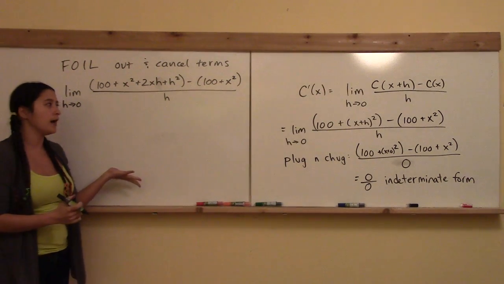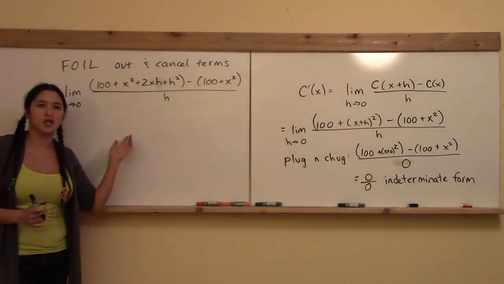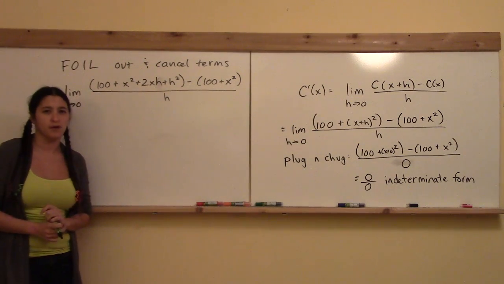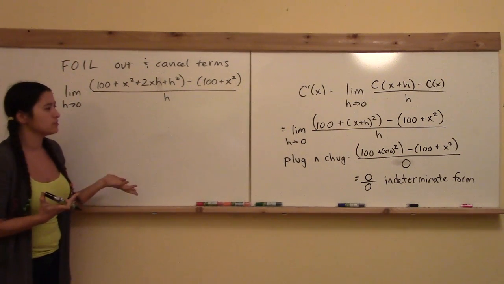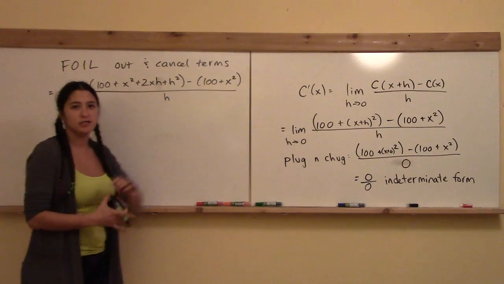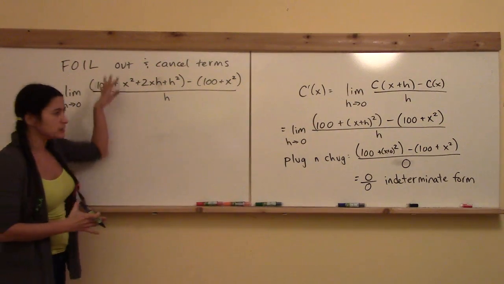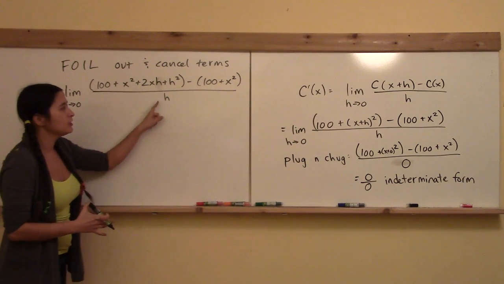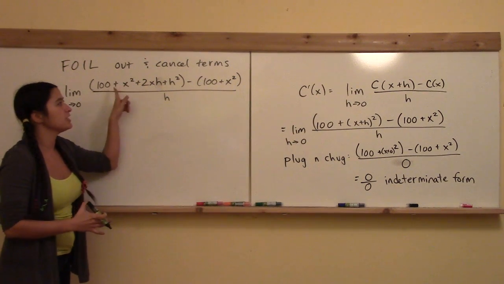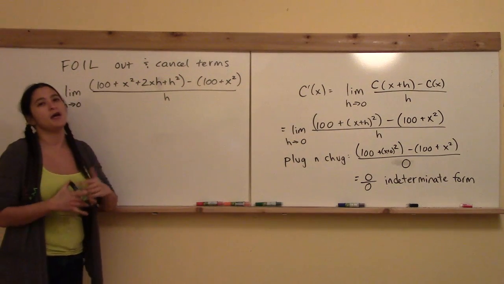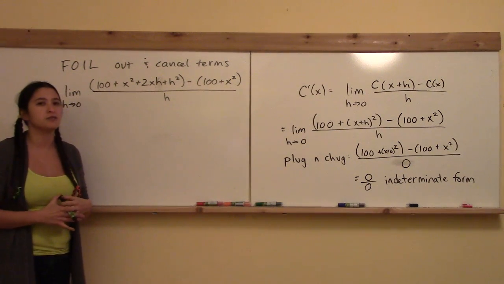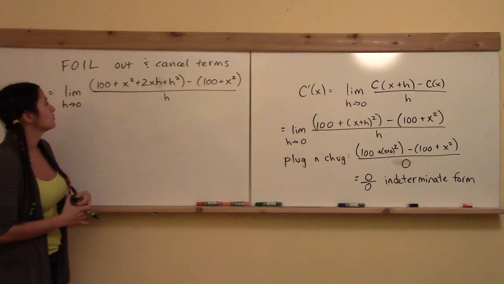I would hope that when I do all this algebra, I don't have a divide by 0 anymore. That would really be great, because then I wouldn't have this messed up divide by 0. Okay, so my goal right now is to simplify the top as much as I can so that I could cancel a factor of h with each term on the top and hopefully eliminate the problematic divide by 0. That's what I'm going for.